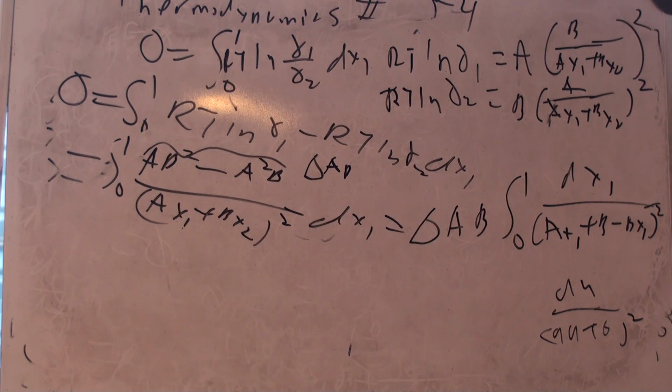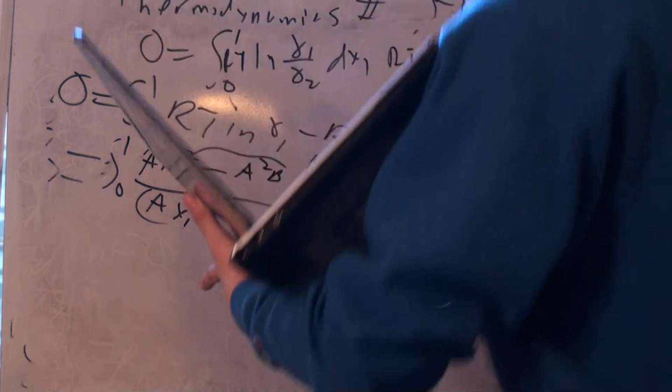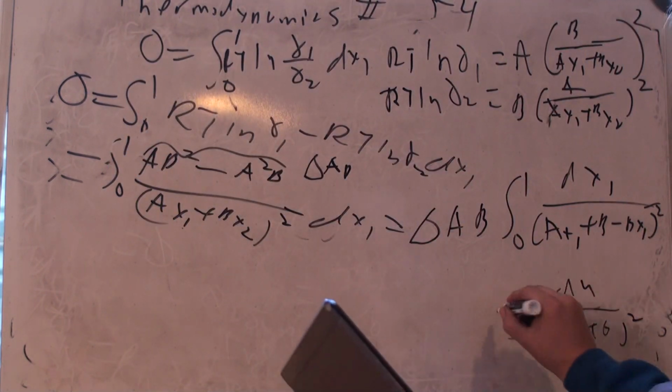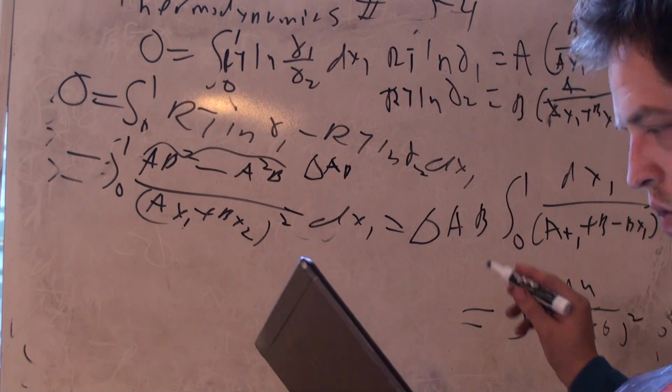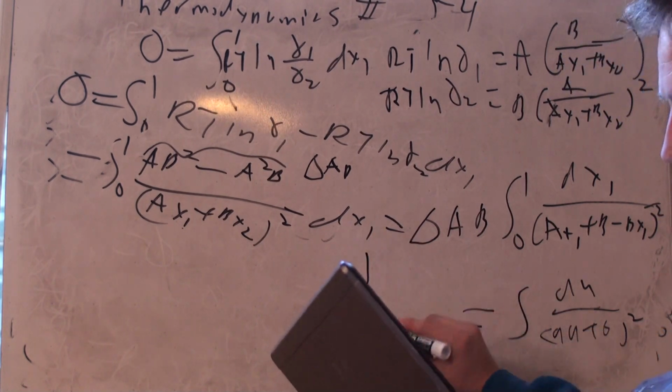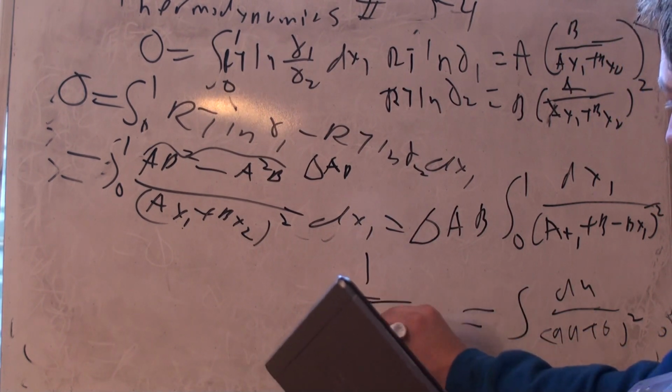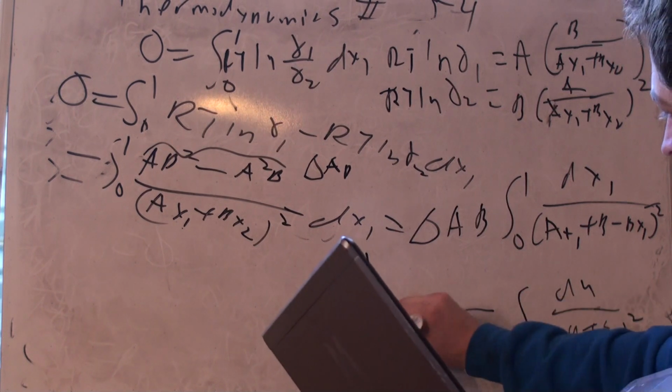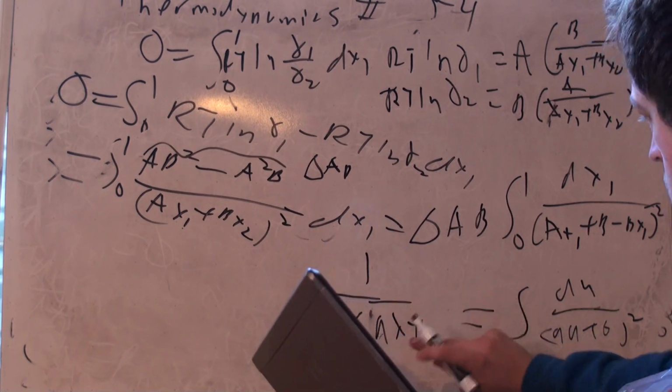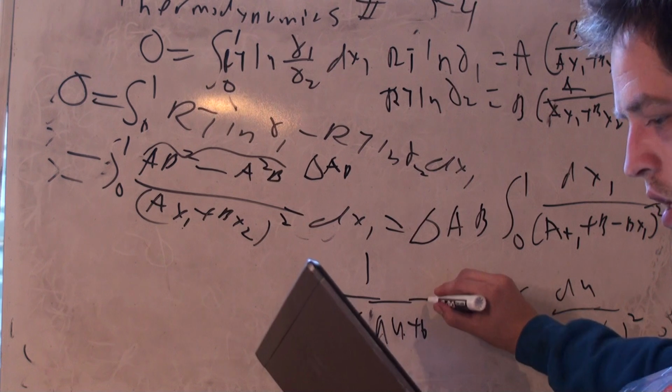Okay, so if I do that, they changed the interface. All right, sorry for that. So according to this, that is equal to 1 over a times (ax plus b).